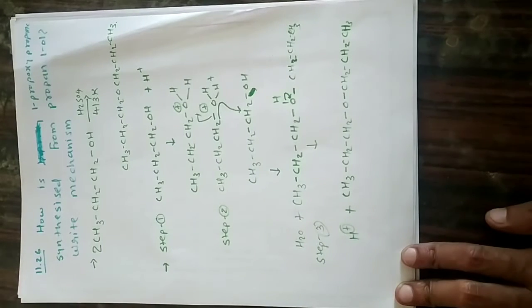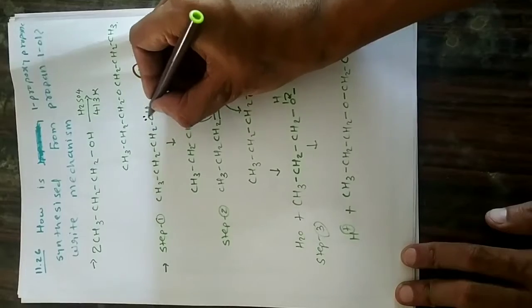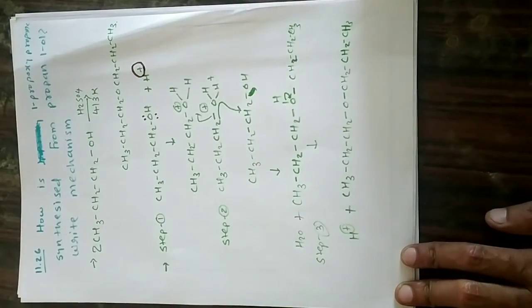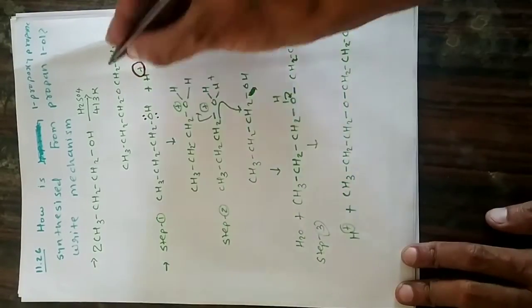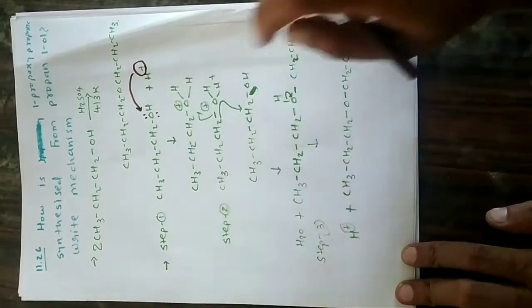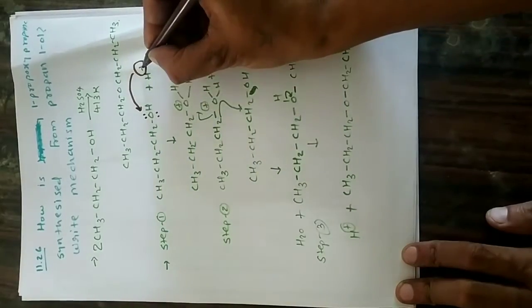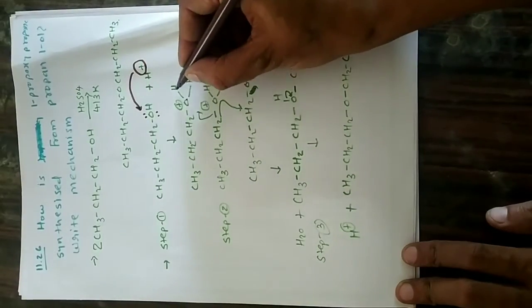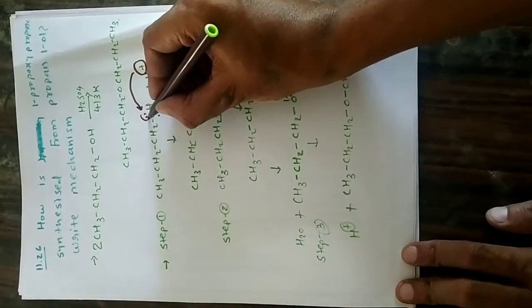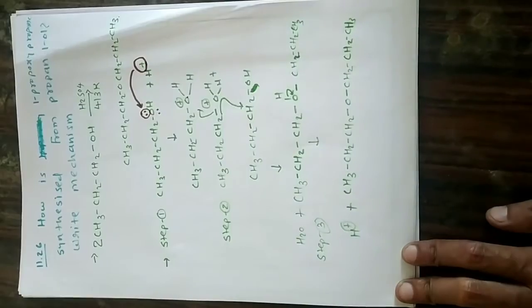This positive ion is attracted towards the non-bonding electrons of oxygen, so it will attack on oxygen to form a bond between oxygen and hydrogen. These 2 electrons are used here, so oxygen gets a positive charge.